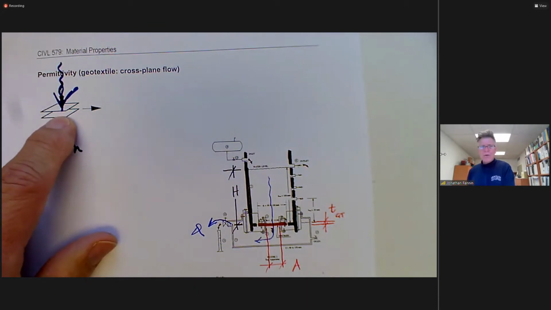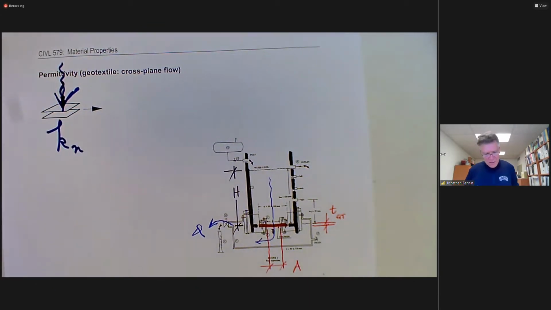Schematically, I've drawn two layers here. Actually, that's a fair point. Sometimes people will stack 2, 3, or 4 geotextiles together. I've seen that done. Let's take the one layer, okay?